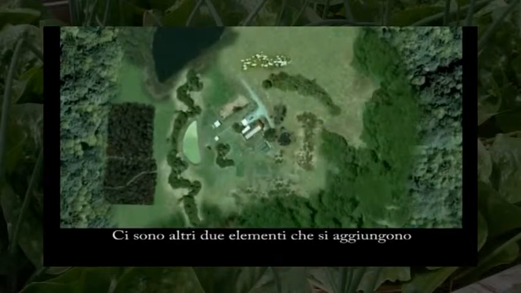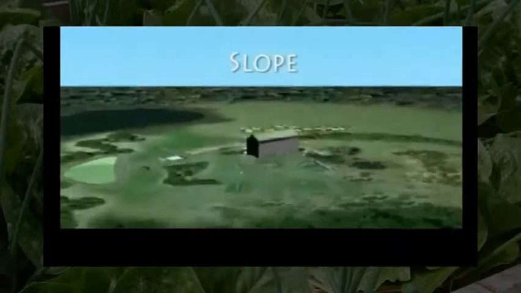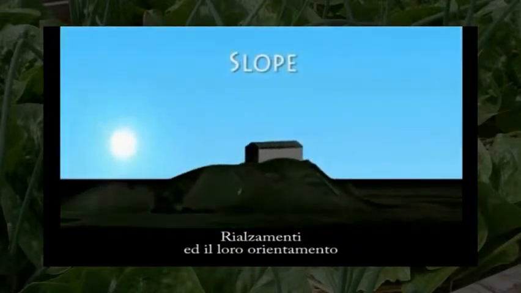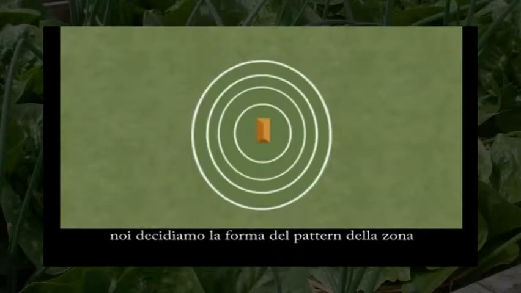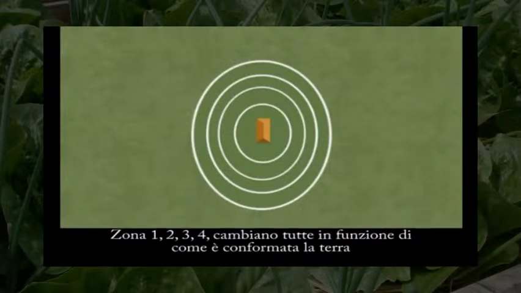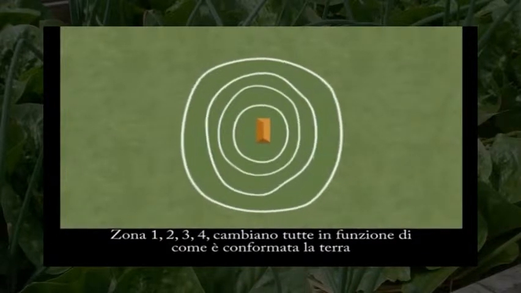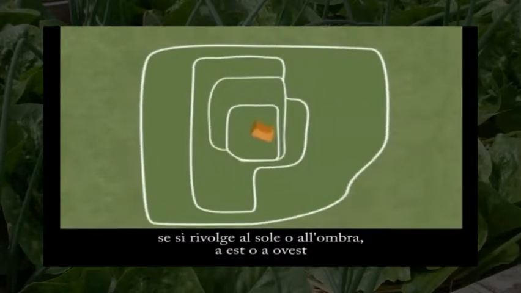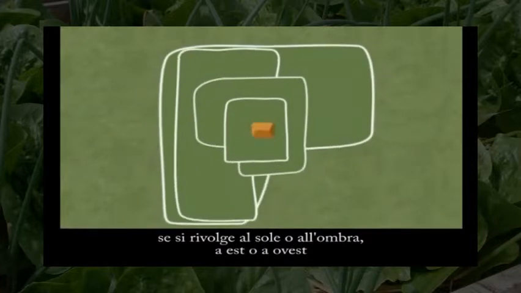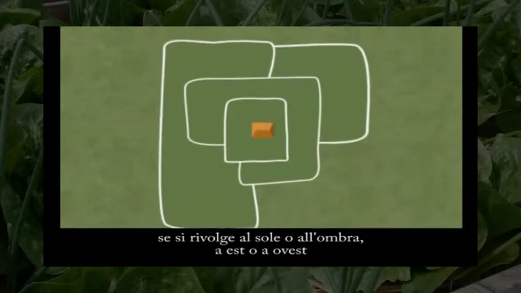There are two other elements that come into this: slope and orientation will change the shape and form of the zonation pattern. Zone 1, Zone 2, Zone 3, Zone 4, they'll all change in relation to how steep the land is and which way it faces, whether it faces the sun or the shade or the west or the east.